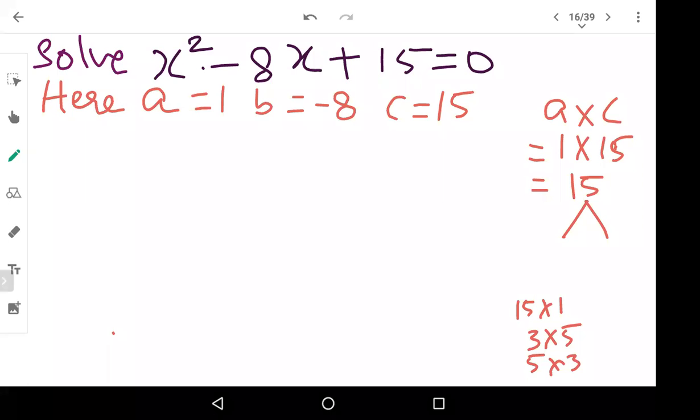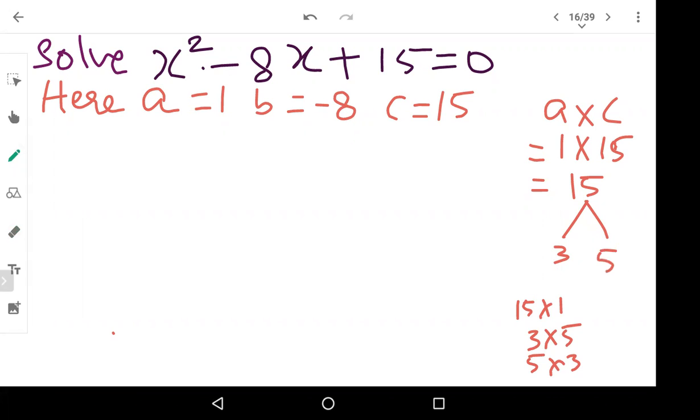Yeah, let's take 3 and 5. Now, in this 3 and 5, we have to do the calculation with the sign. Oops, sorry. This is 3 and 5.